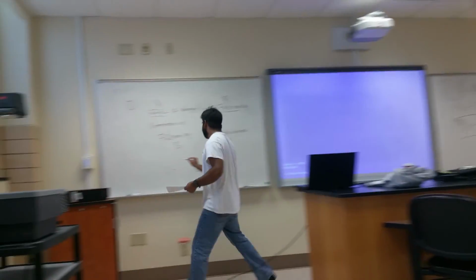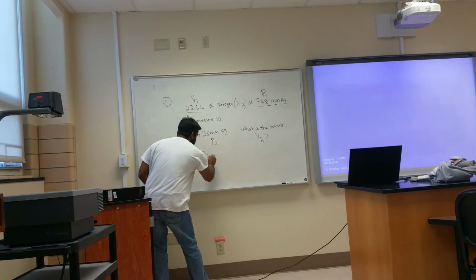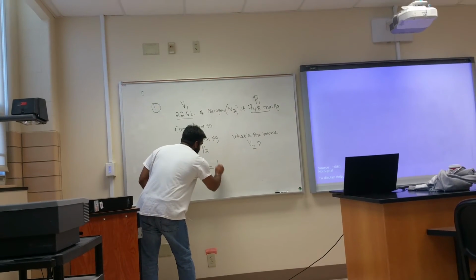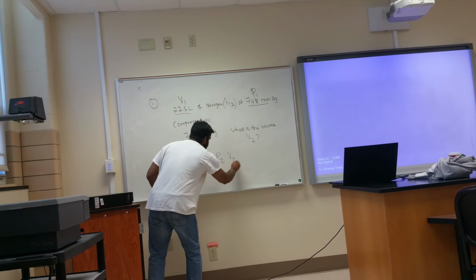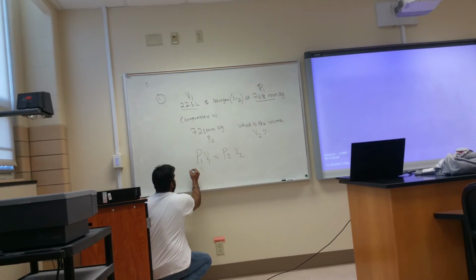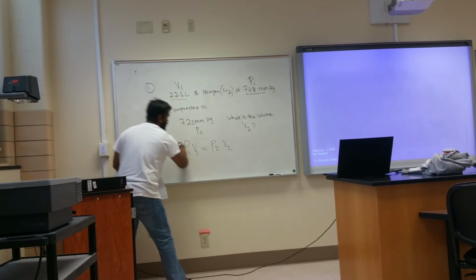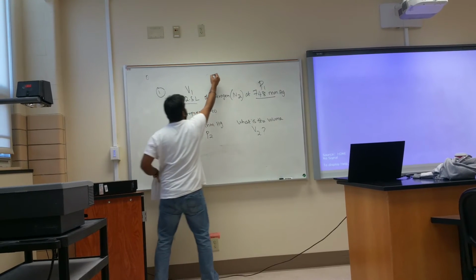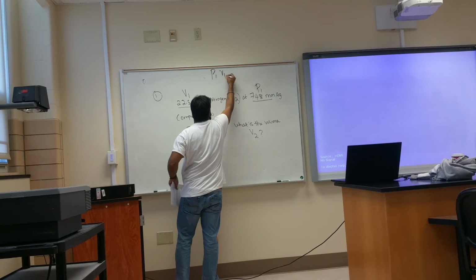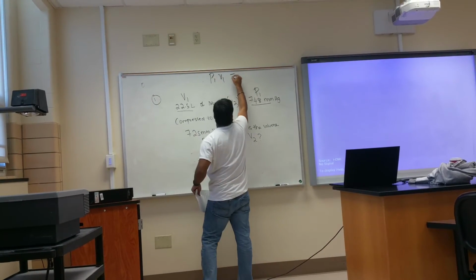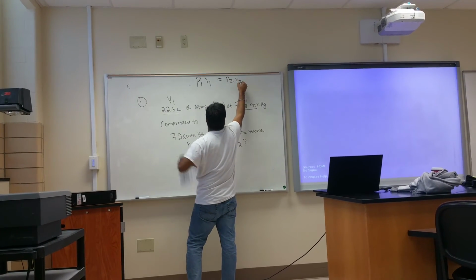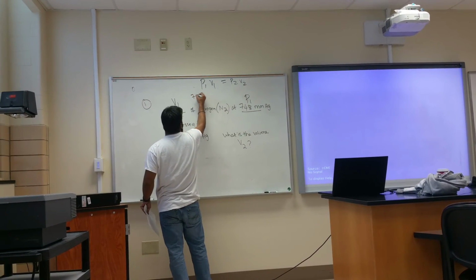So we know P1, V1 equals P2, V2. Don't need to do any conversions. We're given P1, so some of you can see it, I'm going to write it here. P1, V1 equals P2, V2. We know pressure 1 is 748.